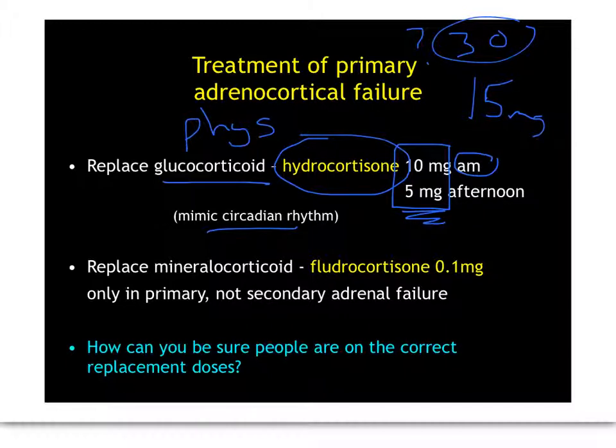That would be the traditional way to do it, but be aware that many patients will have very good ideas about how this makes them feel, and will find their own way of making this work best for them. When it comes to replacing mineralocorticoid, that's very straightforward with fludrocortisone, just a small dose of that each day.